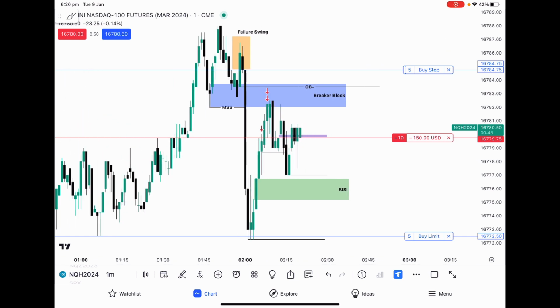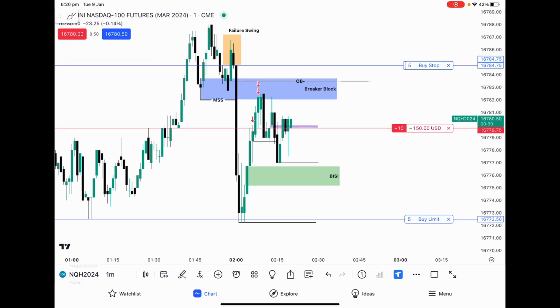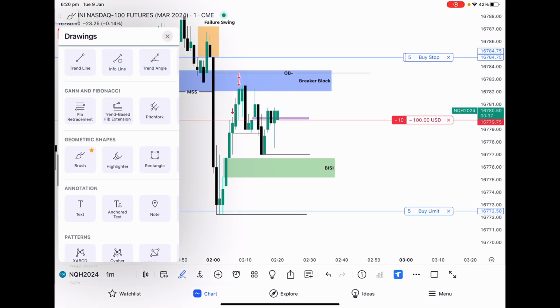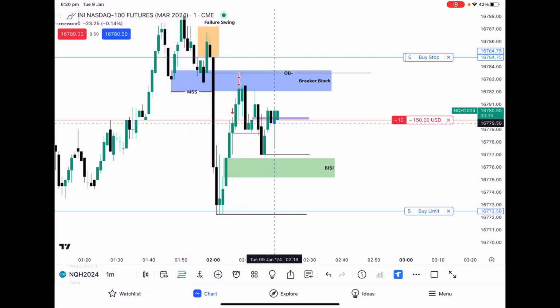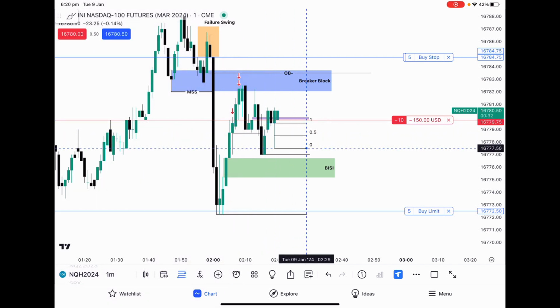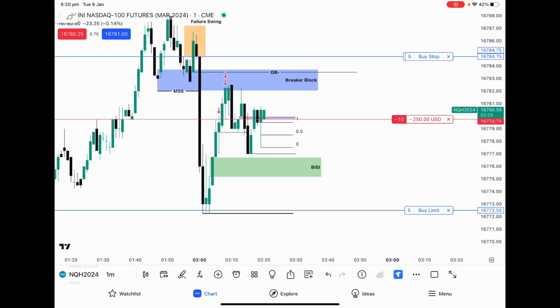But we want to see price action deliver lower. The first sign that it might continue lower is that you measure this wick. ICT treats wicks as fair value gaps, and you want price to trade below 50% of that wick. That's what you'd want, right? So that's an initial thing you could look for. It's not the be all and end all.